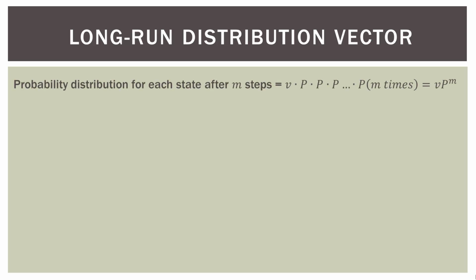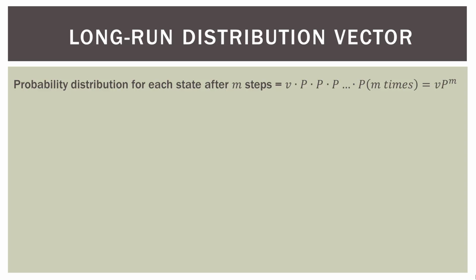So another way to put this in sort of a general form, how you might see it in a highlighted block in a textbook: the probability distribution for each state after m steps. So we have V, which is our initial state vector in this case. P is our transition matrix, times P, times P, times P, etc. And remember, when we multiply something by itself, we can do it with exponents.